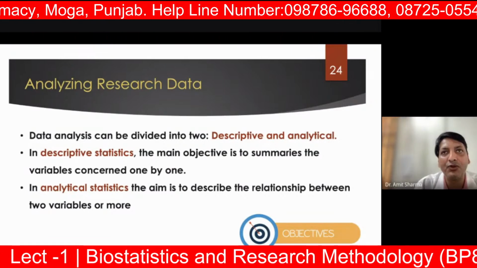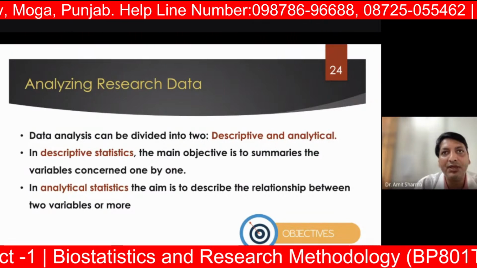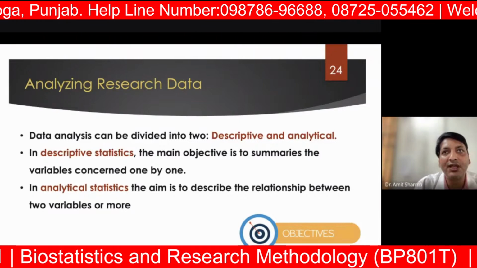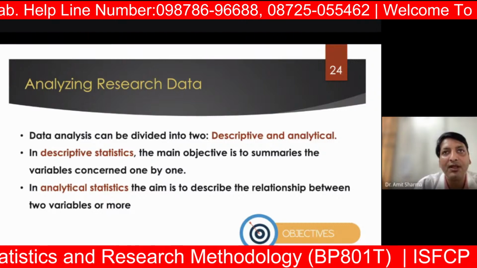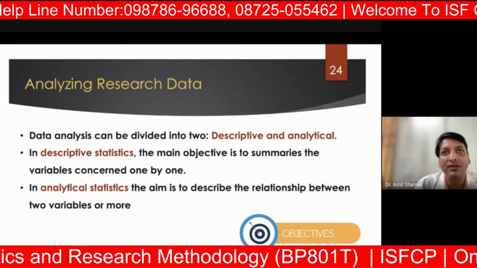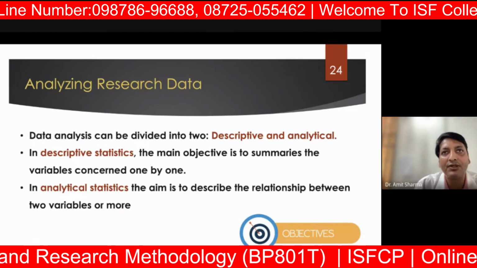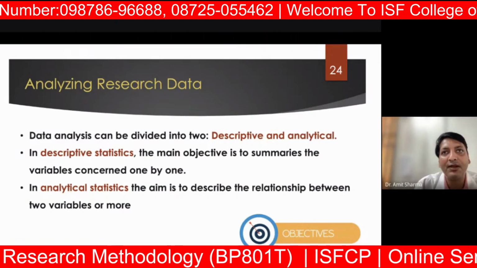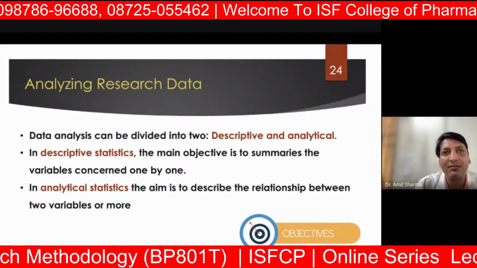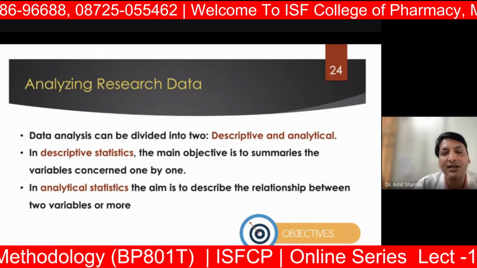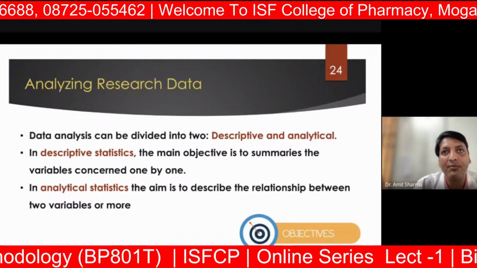Another example I have given you is that A is causing B, that smoking is causing cancer. So smoking will be called the independent variable, and cancer, which has developed as a result, will be called the dependent variable in the study. This is the example by which you can understand the meaning of independent variable and dependent variable.